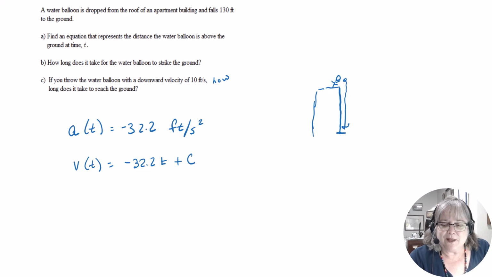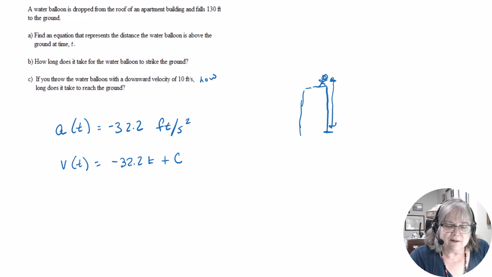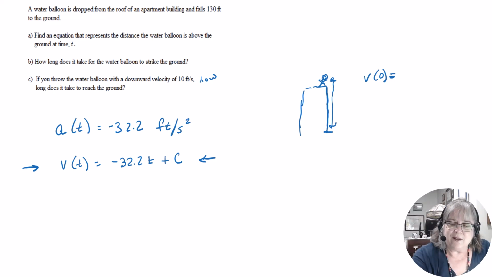Okay, so pretend this is you up here being crazy. You're not trying to hit anybody in particular with the water balloon. You're just going to drop it off and see what happens. So when you drop it off, what would be the velocity? Because look at this equation right there. It would be really nice if I knew something about the velocity. So the instant you drop it, when time is equal to 0 and you're just getting ready to let go, isn't the velocity 0?